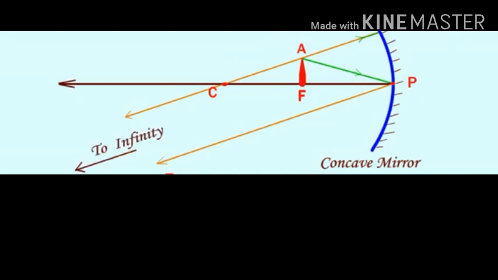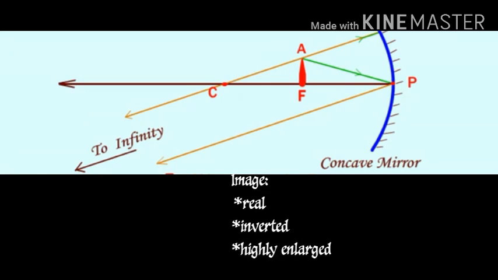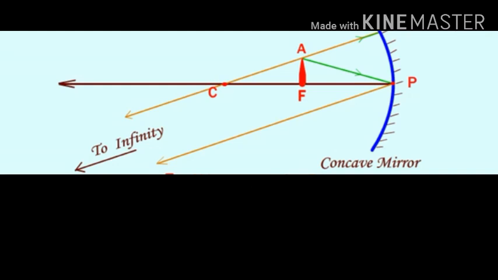So a real, inverted and highly enlarged image may be obtained at infinity. When the object is placed at the focus of the concave mirror, a real, inverted and highly enlarged image is obtained at infinity.